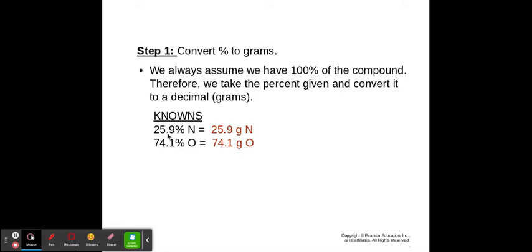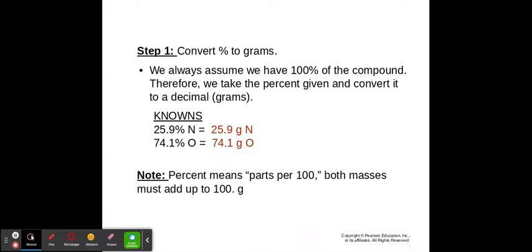So we have 25.9% nitrogen, which we just convert to 25.9 grams nitrogen, and the same thing for oxygen, 74.1% O, which equals 74.1 grams O. And remember, percent means parts per 100. So both masses must add up to 100 grams, which they do. Take a calculator and add these up. They equal 100.